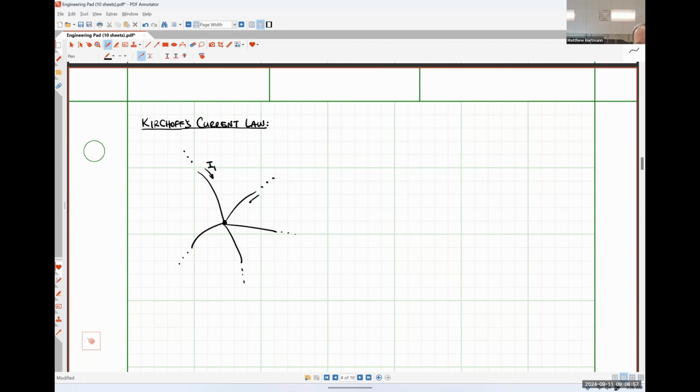This current I2 will be defined as flowing into the node. This current I3 will be defined as flowing out. I4 will be defined as flowing in. And lastly, I5 over here will be defined as flowing out.